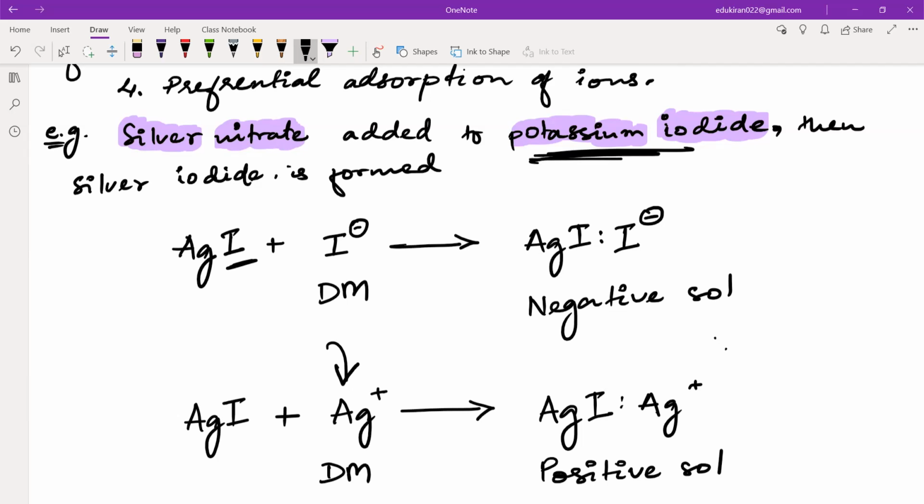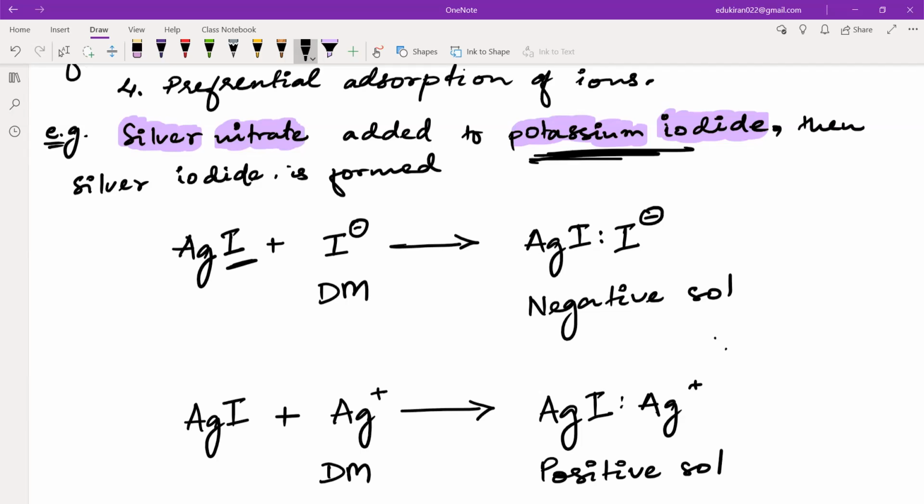Silver is getting attracted to the I negative, and that is why we are making a layer of Ag positive around the silver iodide, and we are forming a positive sol. So these are the formation of negative sol and positive sol through preferential adsorption of ion.